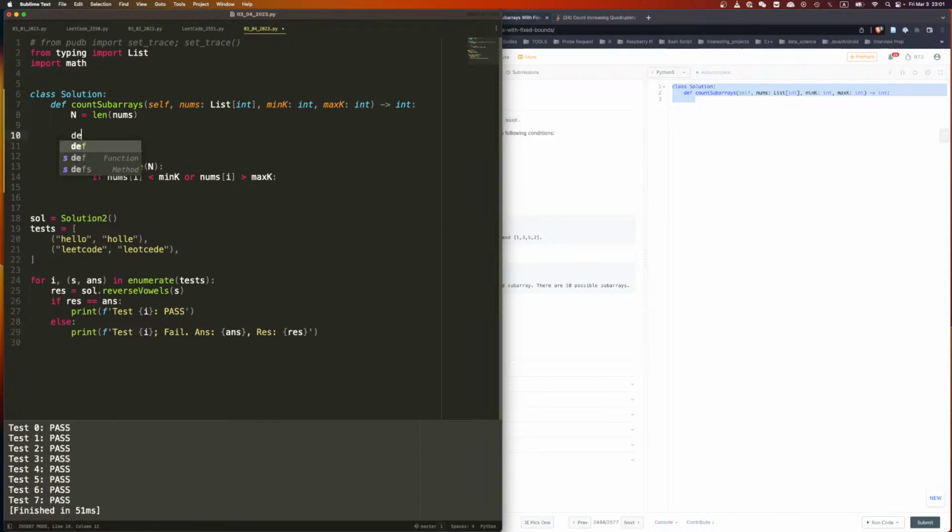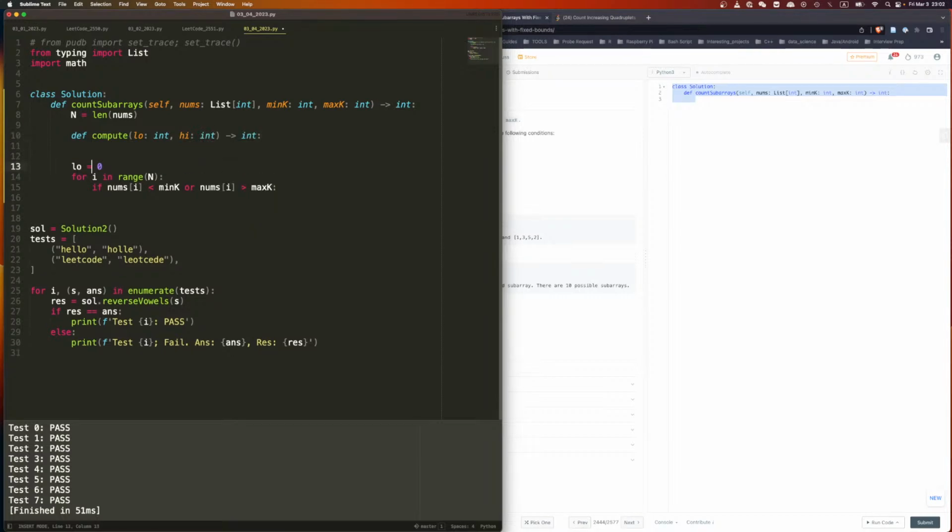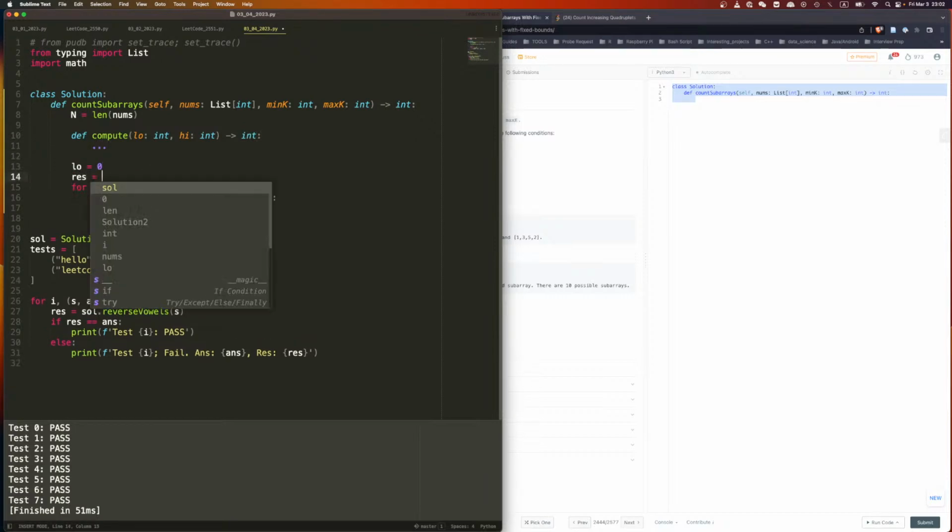Def compute. So what we want is a low and a high. We want to compute the total number of subarrays inside this thing. So we'll do this, and then result is also this. So when this happens, now we find a gap.